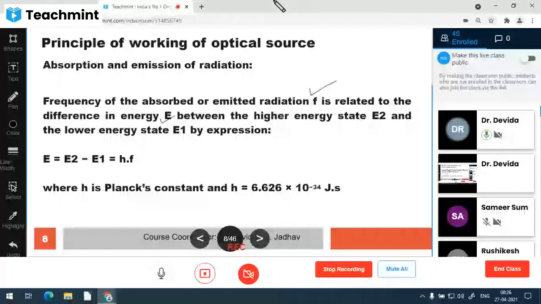This difference is between higher energy state E2 and lower energy state E1. So E is E2 minus E1, and that is the amount of energy radiated, hF, where h is Planck's constant, 6.626 into 10 raised to minus 34 joule second.